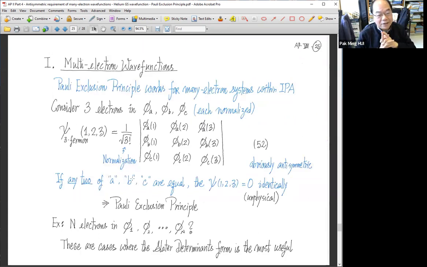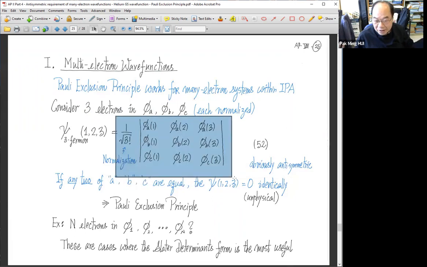So let's generalize. How about multi-electron wave functions? 3 electrons in A, B, C, 3 different states. How to write it? It's easy, just like this. If you know how to expand a determinant, there are 6 terms here, and each term has a different sign.